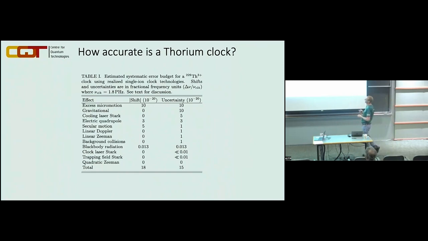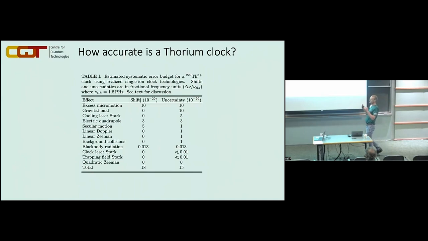But if the experimentalists built this clock, that's the error budget they would produce, and they would say that's our accurate clock, and then they'd start making comparisons with other clocks, right? What's missing on this error budget is the one I mentioned before, the shift because of the hyperfine structure from the AC magnetic fields. And as it turns out, for this clock that would swamp the error budget.